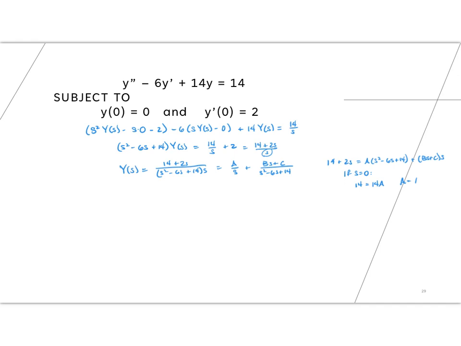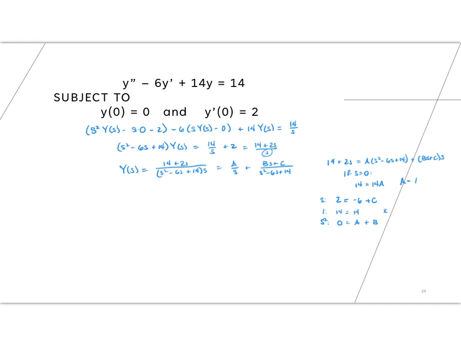So if I do this, looking at my coefficients of s and my coefficients of 1, 2 is negative 6 plus C. And the coefficients of s²: 0 equals A plus B. Constants are 14 equals 14, and that's it.